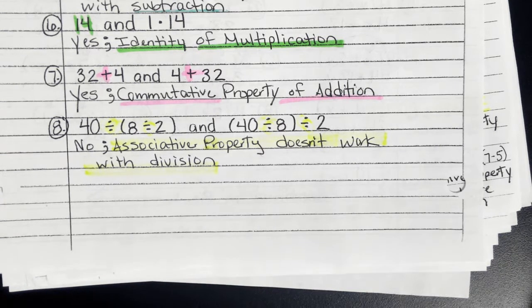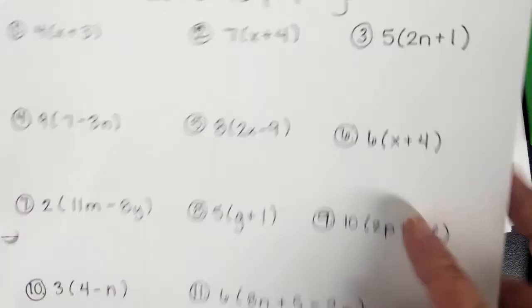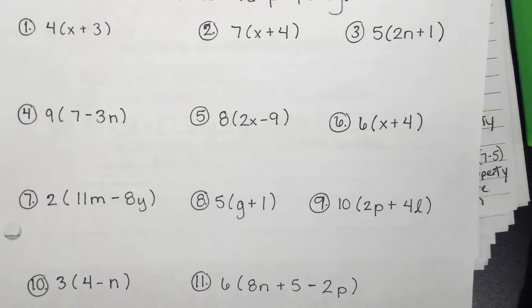Now, this is the confusing part. I know I'm kind of talking to the video right now, but if you are in my 4th period class, you got this worksheet.